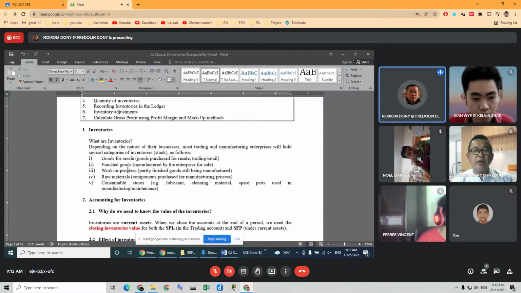And also the manufacturing company, at the end of the accounting period, let's say the accounting period is the same as the calendar year, so at the end of 31st of December, some of the raw material that is in process, which we call work in progress, meaning still in the process, but only up to 80% or up to any percentage, as long as it is not 100% completed.